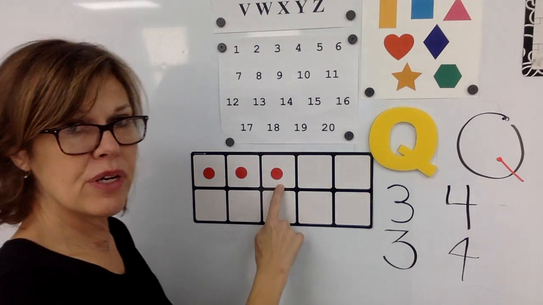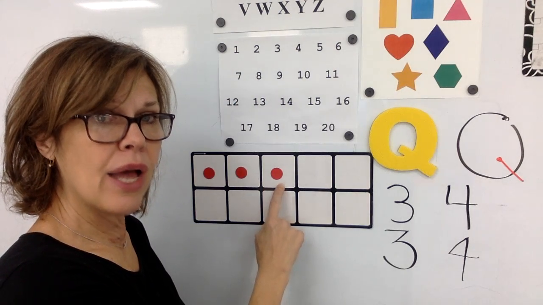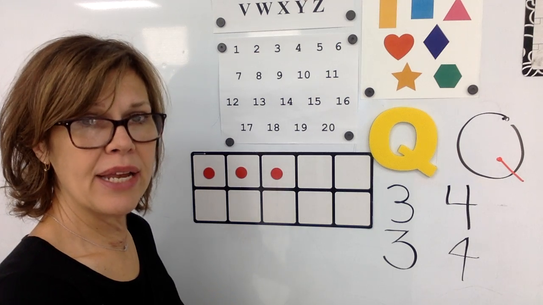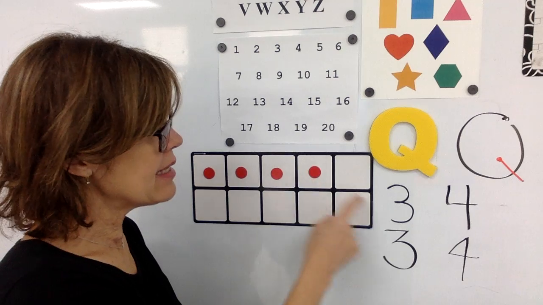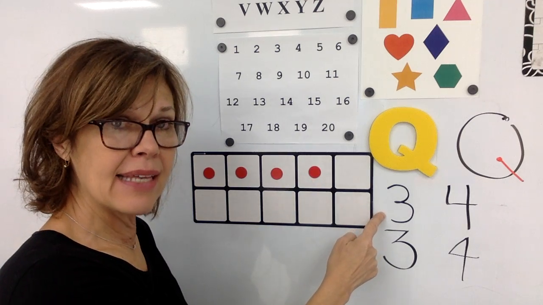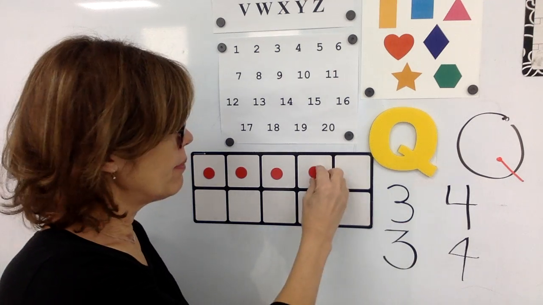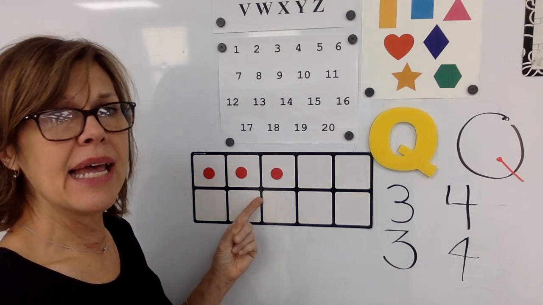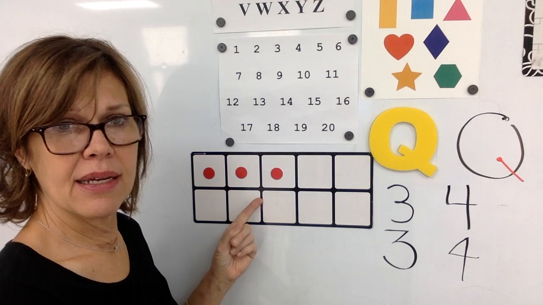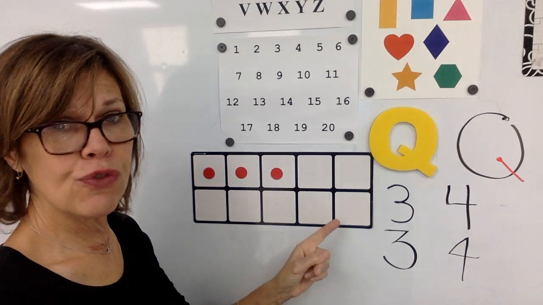Okay, so I have 3 red circles. How many more red circles would I need to make 4? 1 more. That means that 3 is less than 4 because watch, I only need 3 circles. I need less, and less means not as many. So 3 is not as many as 4.